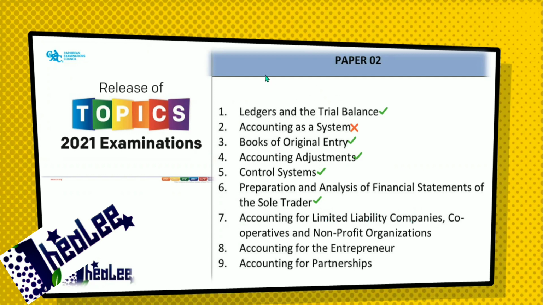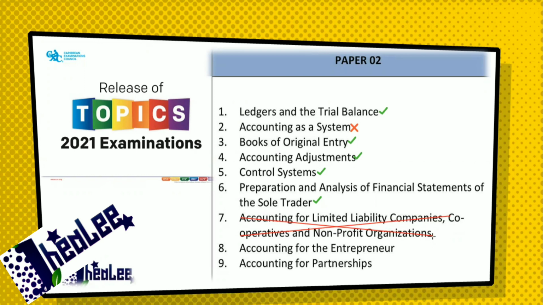Were you tested on this broad topic, this big one? Were you tested on accounting for limited liability companies, cooperatives, and non-profit organizations? This broad topic was not tested, and I'm sure that a lot of persons use up so much time trying to recall and grasping the concept as it relates to limited liability companies, cooperatives, and non-profit organizations.